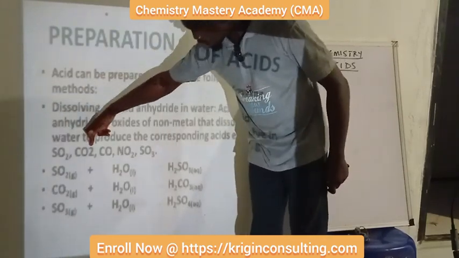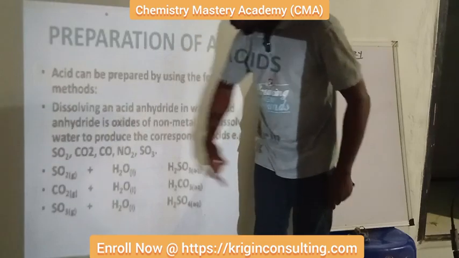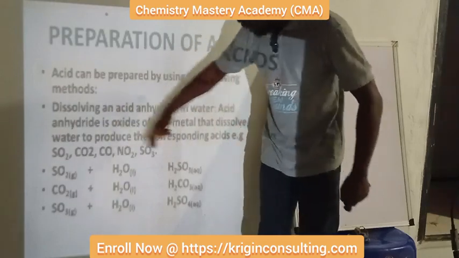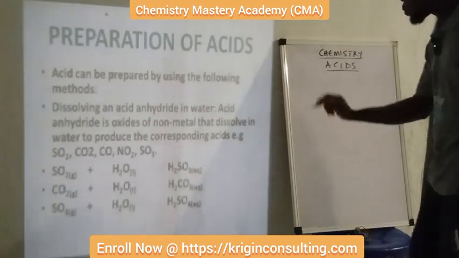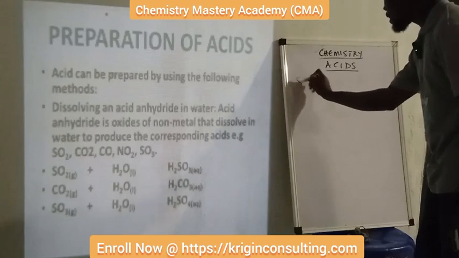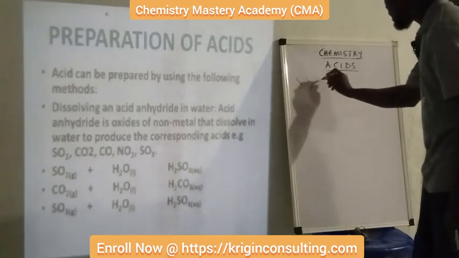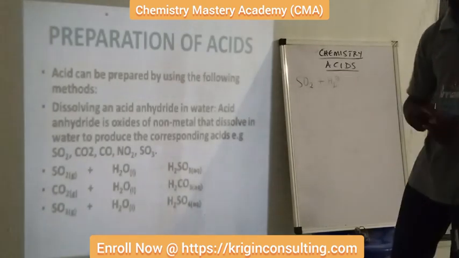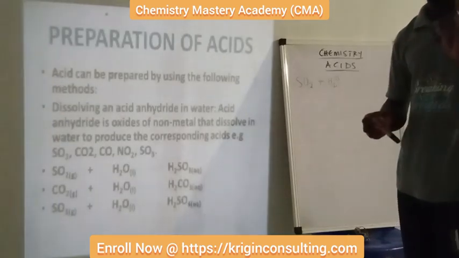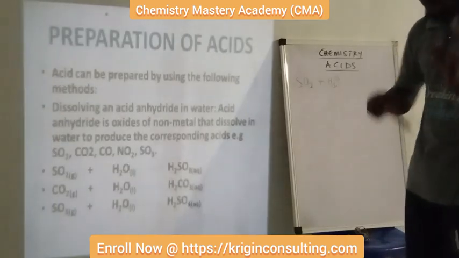Now, some of the acid anhydrides that we have are SO2, CO2, CO, NO2, and SO3. Let's work with SO2 first. SO2, an acid anhydride, plus water. Remember, acid anhydrides are substances that when you mix them with water, they form an acid.